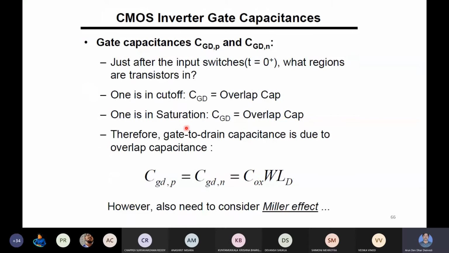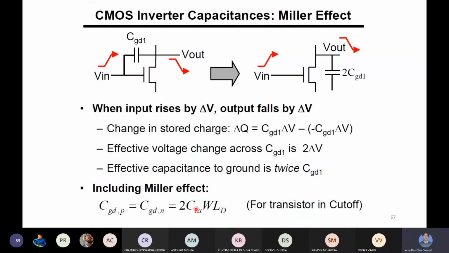So in effect, a real transistor has drain and source overlap capacitance, which added together give COX W LD as the actual value. But at the output node, between the output port and ground, if the Miller effect is included, it becomes 2 COX W LD, where LD is the overlap distance of drain and gate.